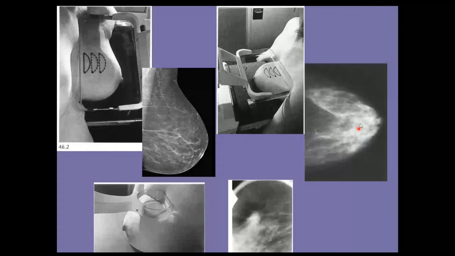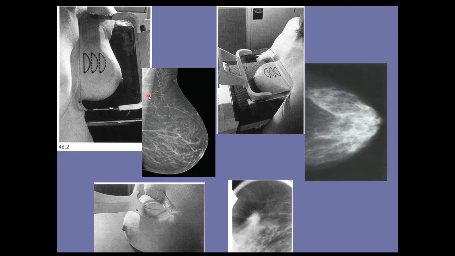If we do not compress it, it will come close together and give you a more white image, and it will be difficult to visualize the mass. This is the reason why we give compression: first, to reduce the dose, and second, to get a good image in which we can recognize different tumors.